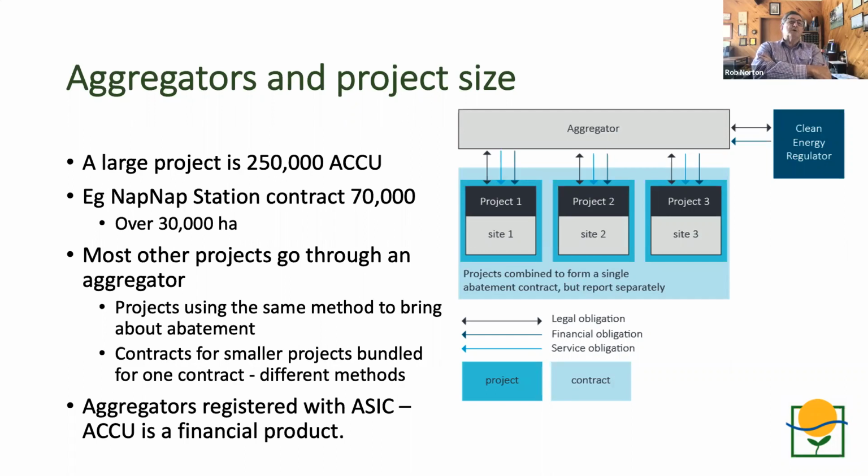But in some cases, it might be a large organisation. Nap Station, for example, has contracted 70,000 tonne of carbon equivalents over their 30,000 hectares, a very recent contract that they've gone into. They did that individually, but most projects we would be involved in would go through an aggregator.